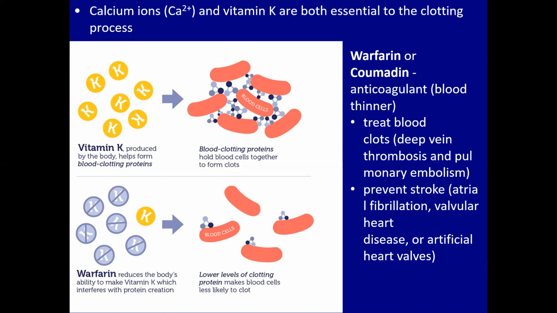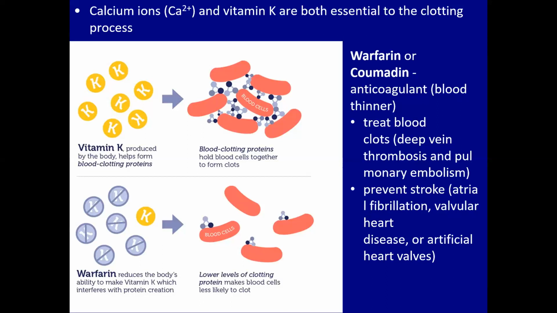If a person is taking warfarin or Coumadin as a blood thinning agent, if they have high blood pressure, then they must be very careful about the dark leafy greens that they ingest, because the dark leafy greens have a lot of vitamin K in them.